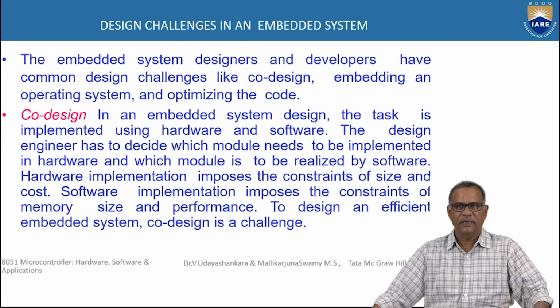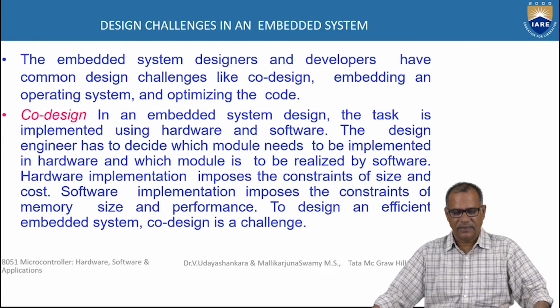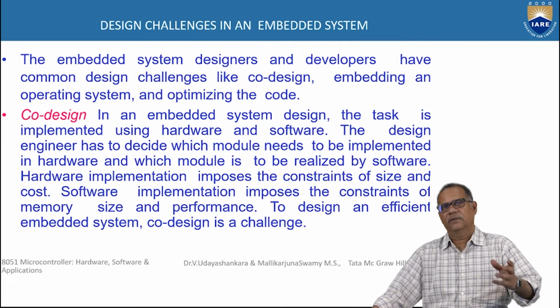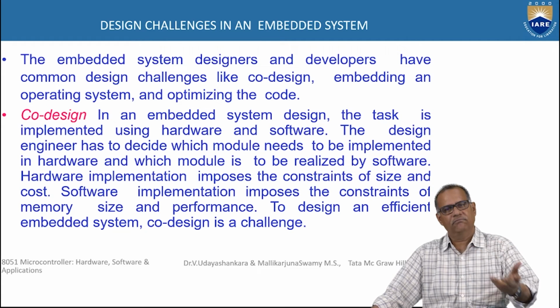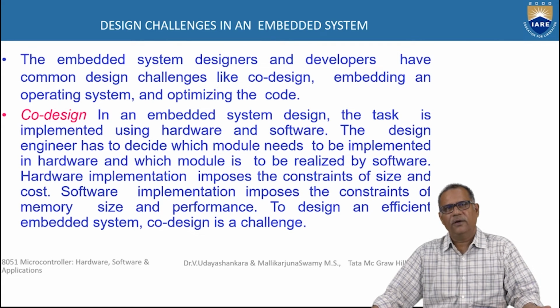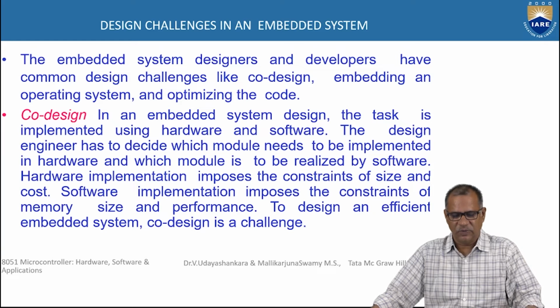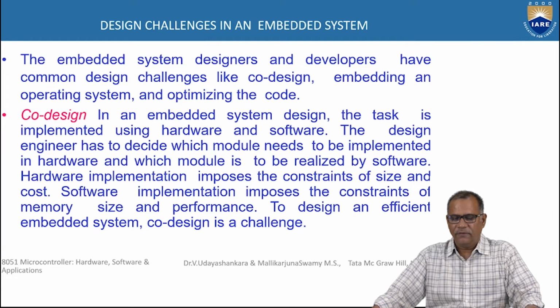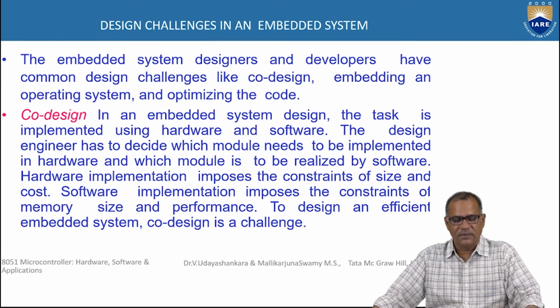The hardware design imposes the constraints of size and cost, whereas the software implementation imposes the constraints of memory size. If your code is not optimal, you need a large memory to store the code. But if the code is optimum, you can save on the memory space. So software implementation imposes the constraints of memory size and performance.